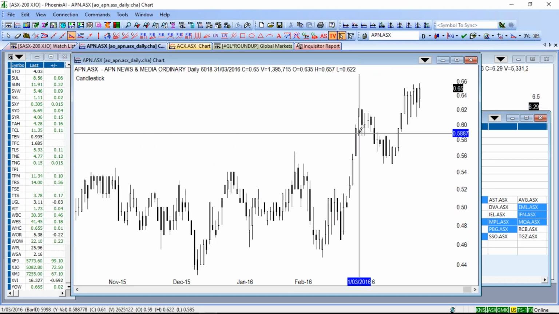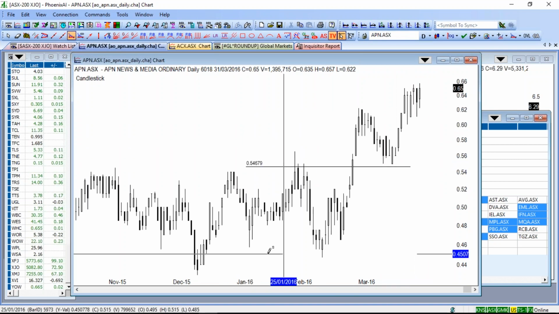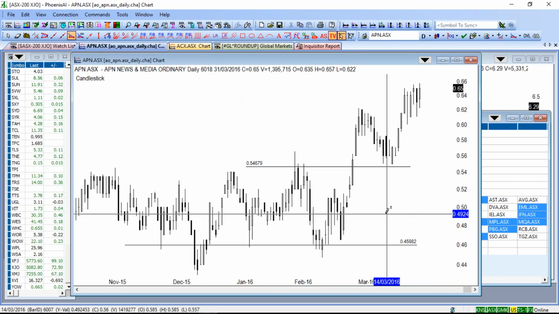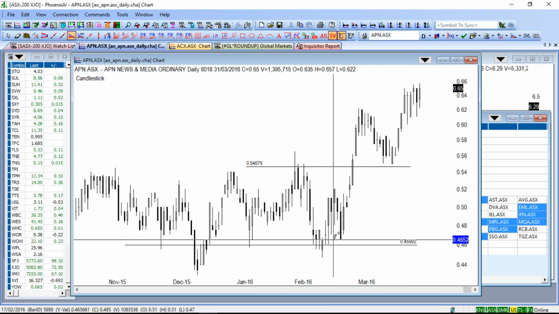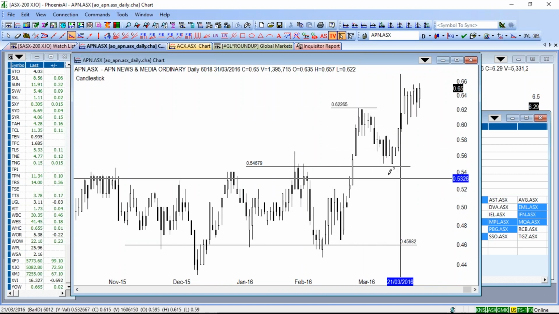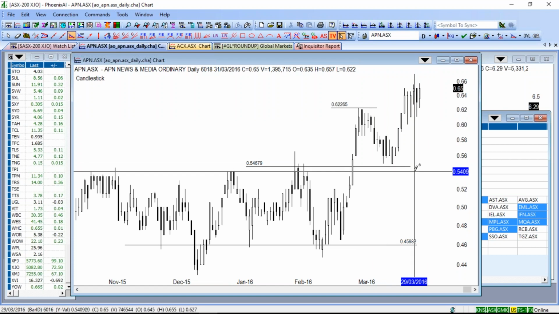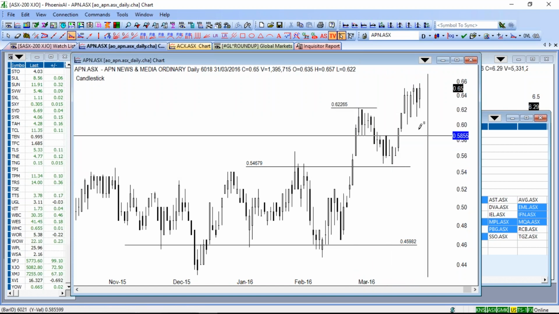A jump out of here would have come up here. If you look at the way this stock actually trades, this trading range from 54 cents to 45 cents is essentially a 20% trading range of price movement, and here again, 62 to 54 is probably 15 to 17% of price action.